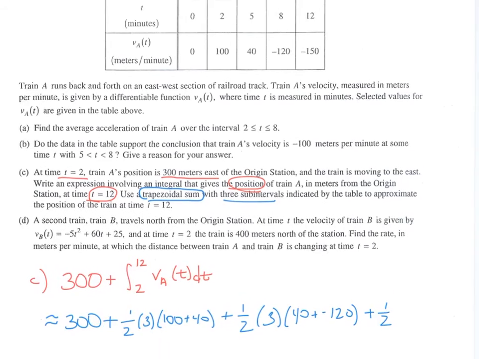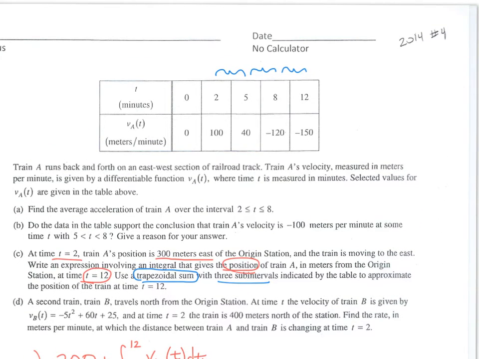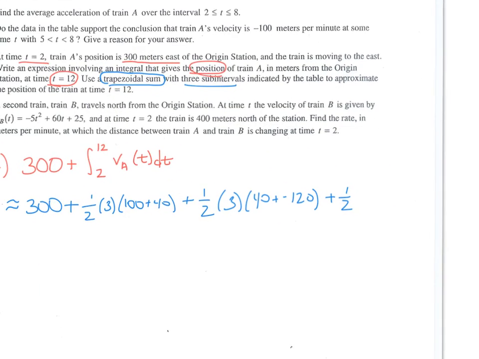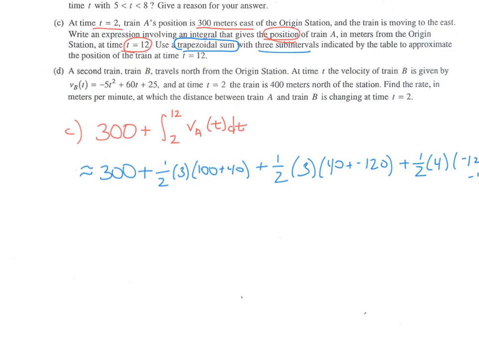And then the last one, the height is 4, and we've got negative 120 and negative 150. Okay, so let's work on simplifying all of this. We've got a 300. 140 divided by 2 is 70, times 3 is 210. Negative 80 divided by 2 is negative 40, times 3 is negative 120.